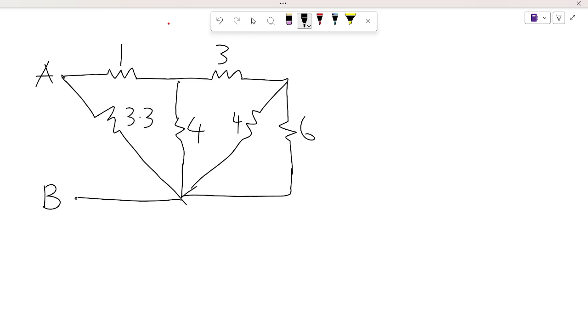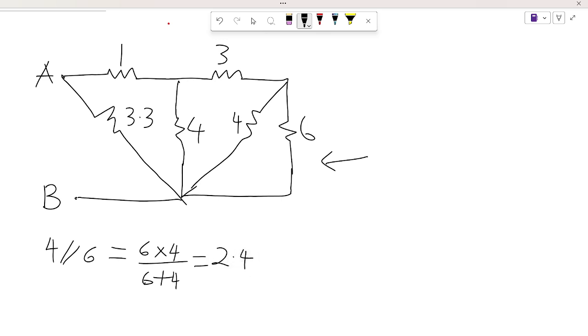First of all, we start from the right hand side. Our 4 ohm resistor is in parallel with the 6 ohm resistor, so we have 6 times 4 over 6 plus 4 to give us approximately 2.4. So we can reduce that part to give us this.